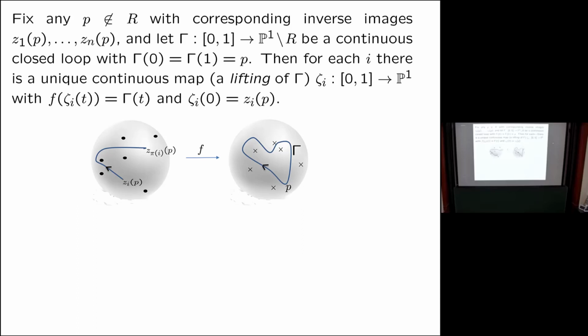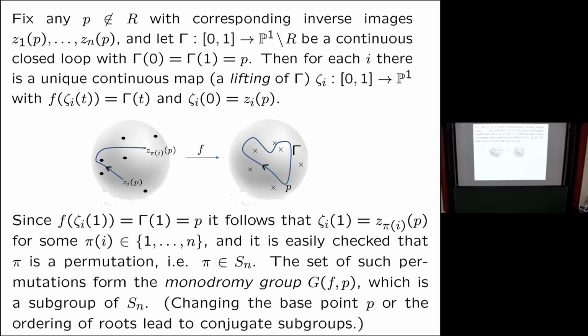So given this root zi, you take this lifting and you get to another root, which I've denoted z pi(i). That means that zi of 1 is z pi(i) of p, for some pi of i in 1 to n, and it's easily checked that this pi is a permutation.